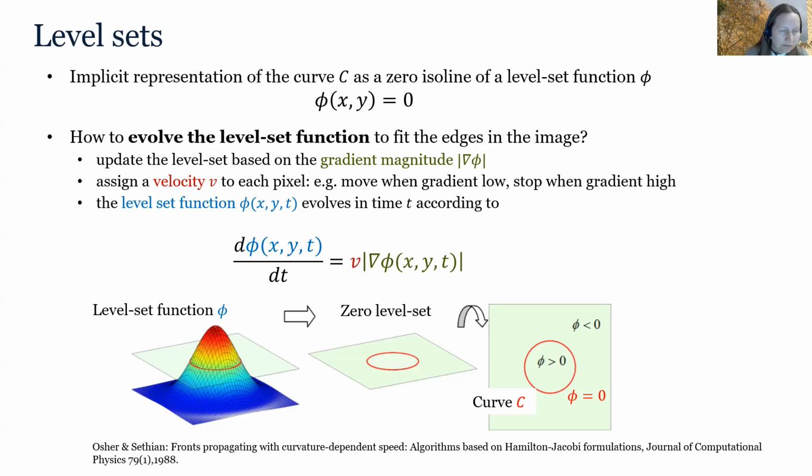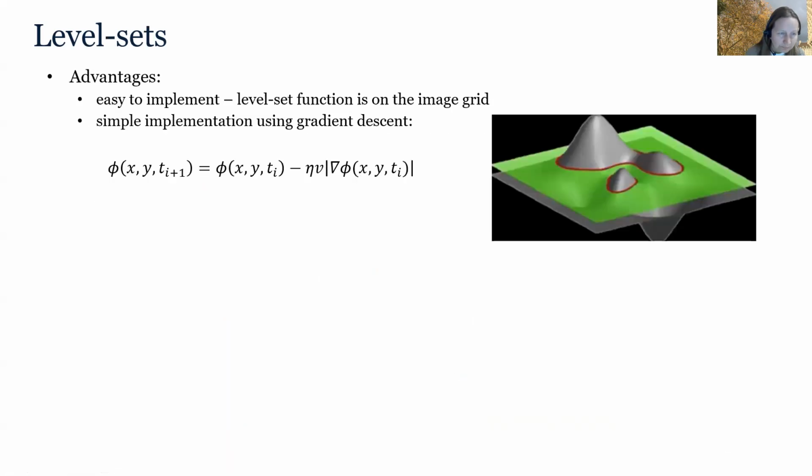And we will have an equation for how to evolve the level set function in time. The derivative of the level set function in time will be equal to velocity times the gradient magnitude of the level set function. So this is actually very simple. The big advantage is that this is defined on the grid of the image, so it's easy to optimize.